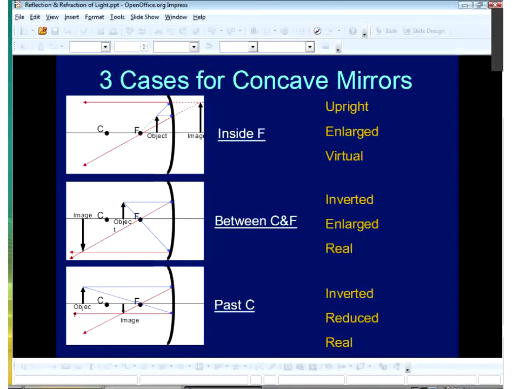It helps to remember some standard cases for a real object. The way we did the derivation, that was this case, which was beyond C, and because we did the derivation that way, perhaps you may remember it more easily. We have in this case a small image, and it is inverted, and it is real, of course.